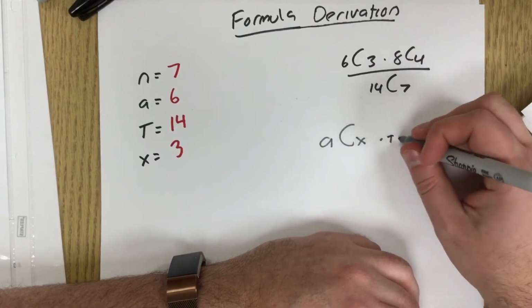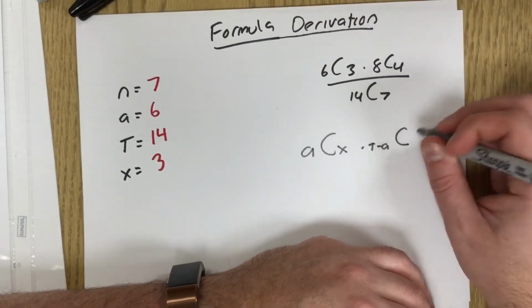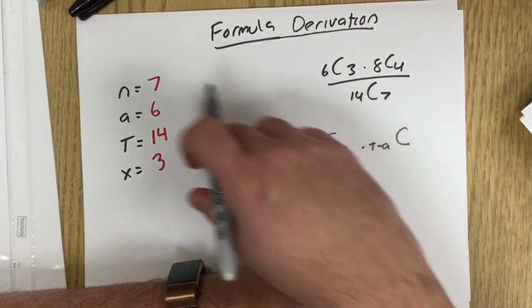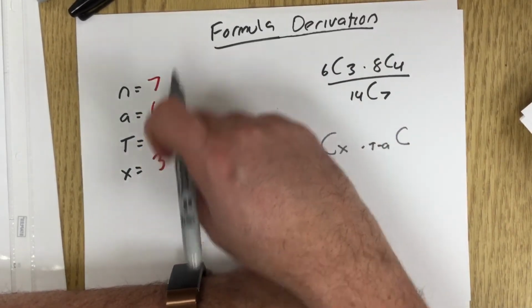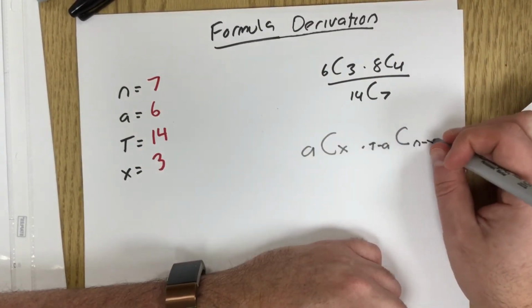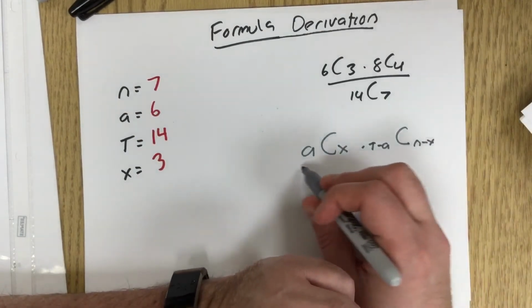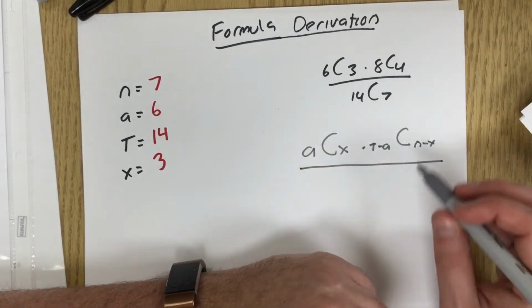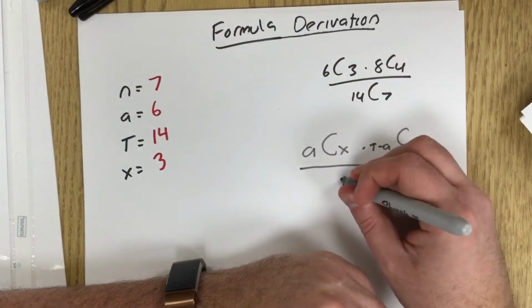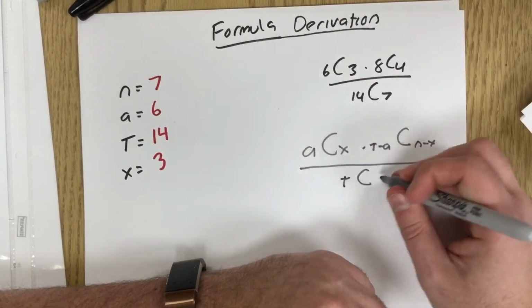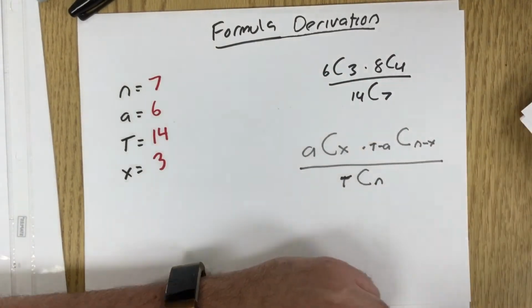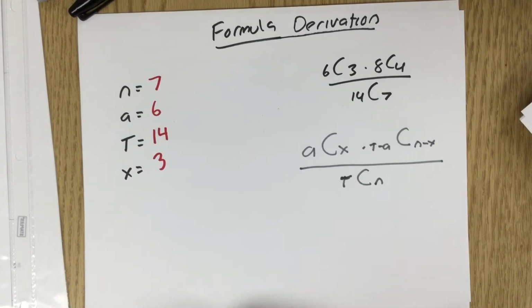So it's going to be T minus A, choose, and the 4 comes from we wanted 3 successes, so the rest have to be failures. So N minus X. All over 14 is T, and 7 is N. And that'd be the formula.